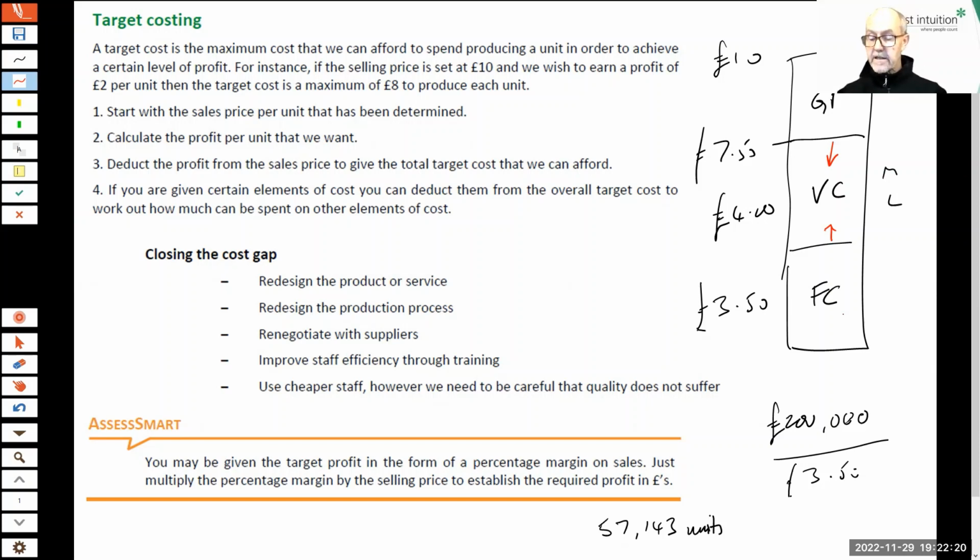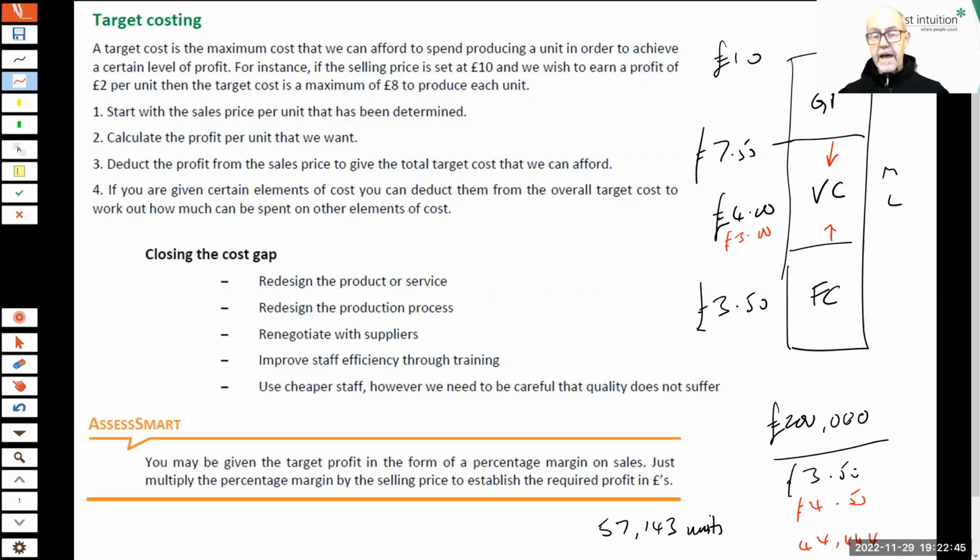So we only need then to sell 200,000 divided by £4.50, which is 44,444 units.